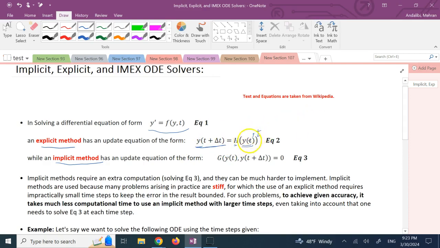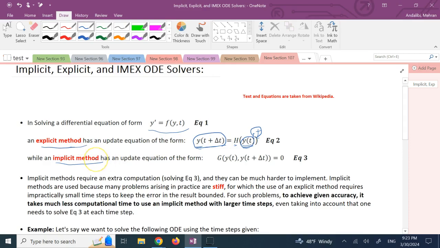So this t also could be implicitly mentioned in h in addition to y, but all you need is to bring in the previous time step and the previous y value to get the next y value, and it's just a direct plug and play.